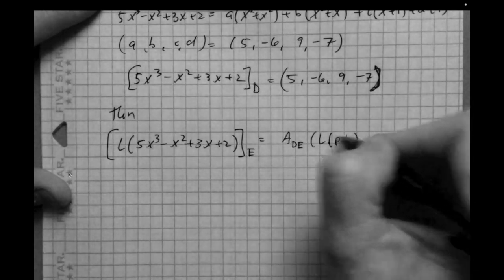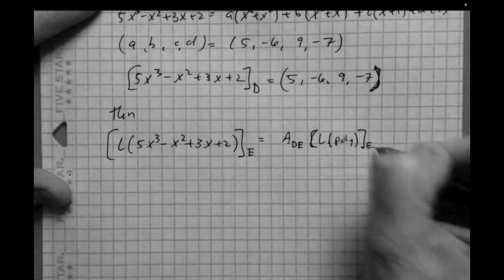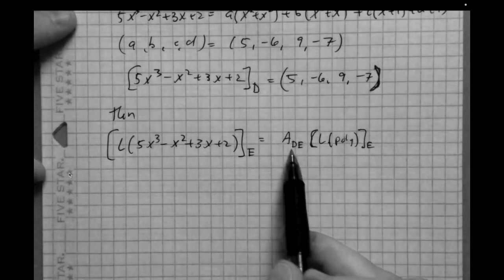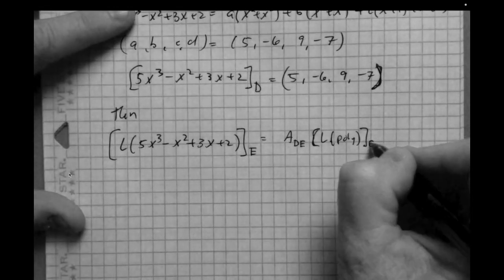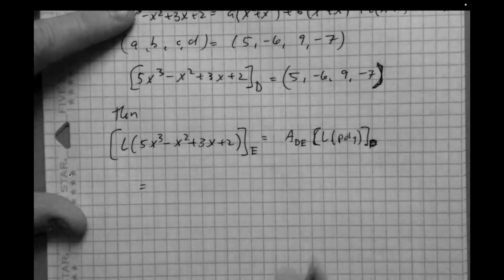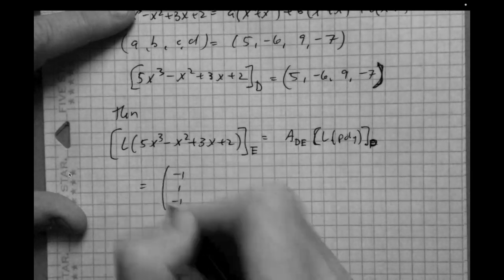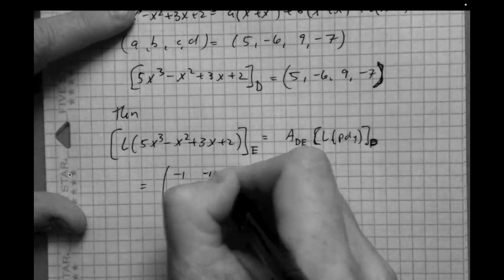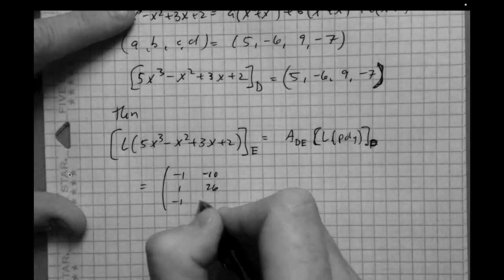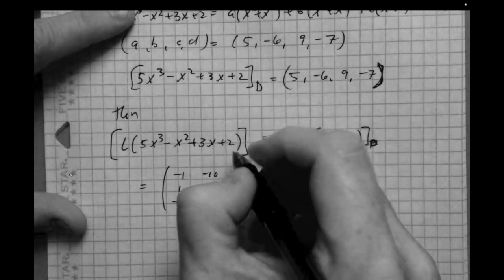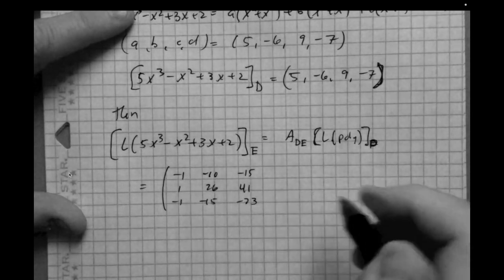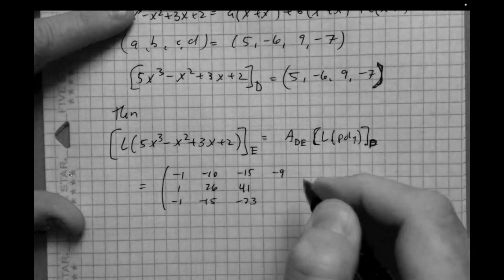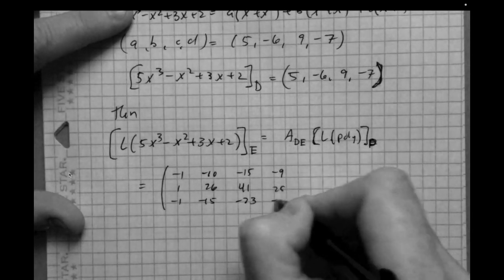Okay, I'm going to write this slightly differently just so I can keep track of this. Basically going to be A_DE times this polynomial coordinatized in D. Right, which is, of course, we just found this matrix, so it's (-1, 1, -1), and then (-10, 26, -15), and then (-15, 41, -23), and (-9, 25, -14), right?